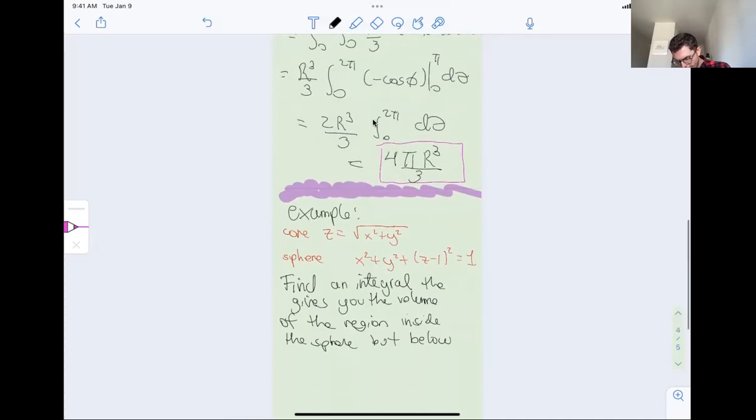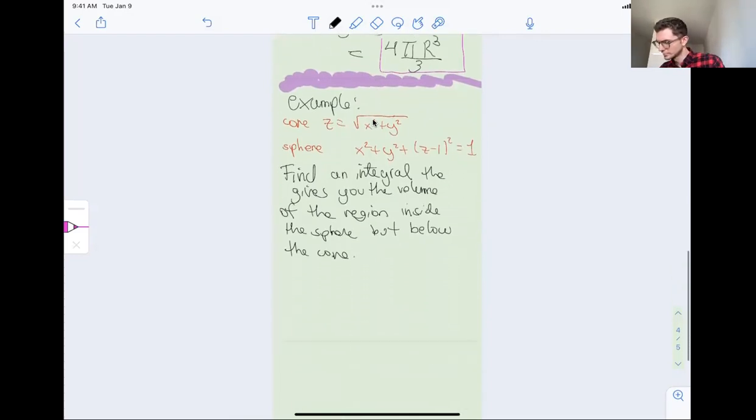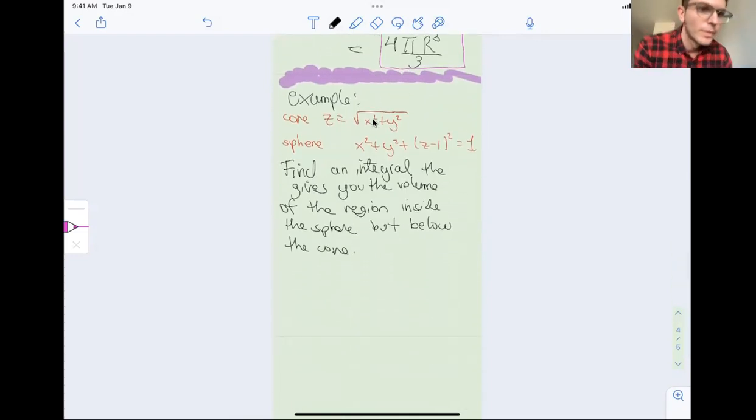Below the cone. Okay. Oh yeah, you should always draw. So let's try to draw them.